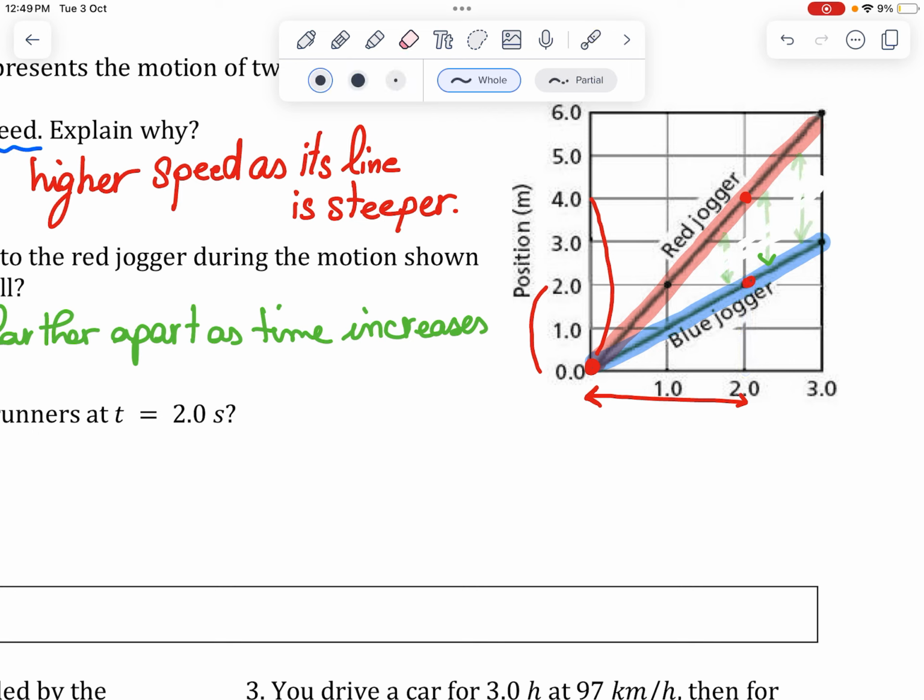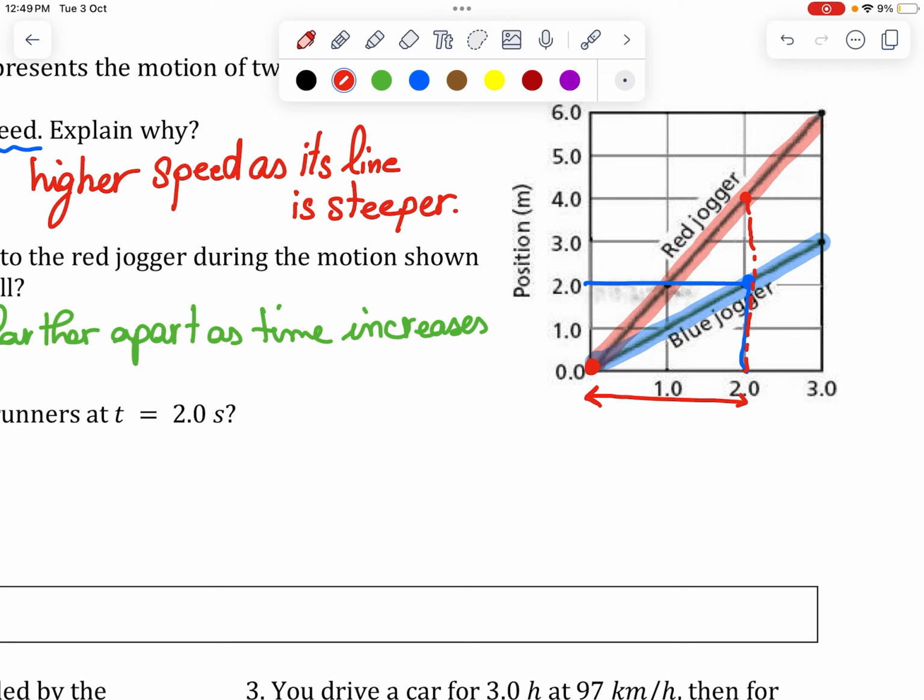At 2 seconds, the blue jogger was at 2, and the red jogger was at 4.